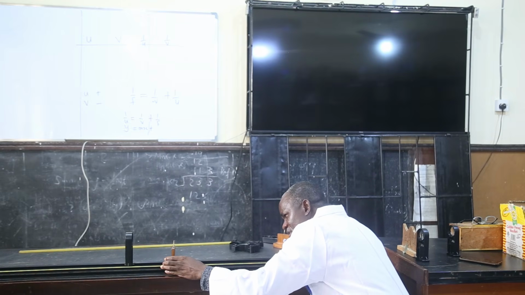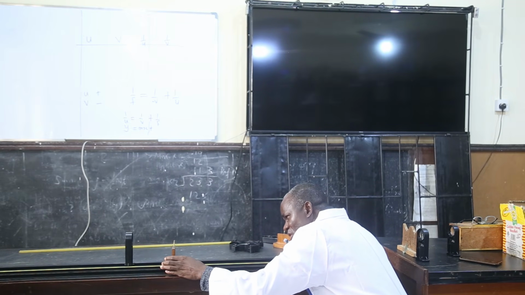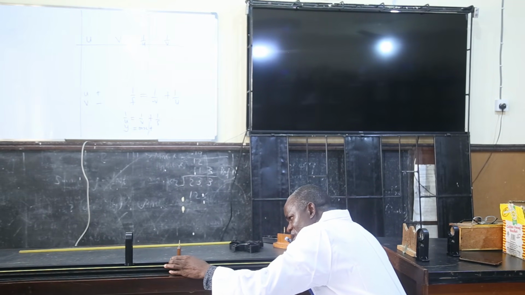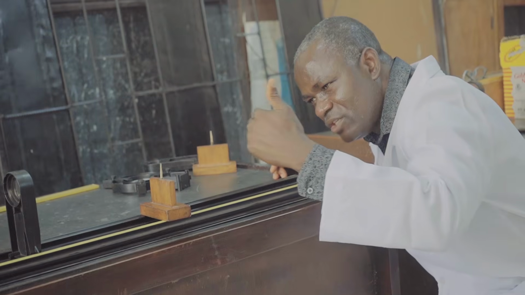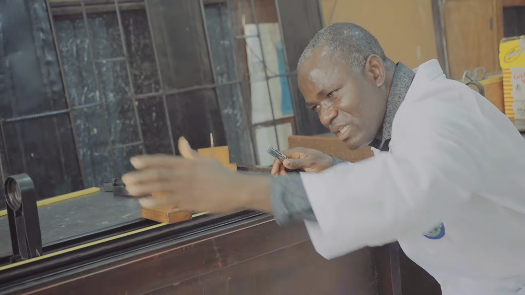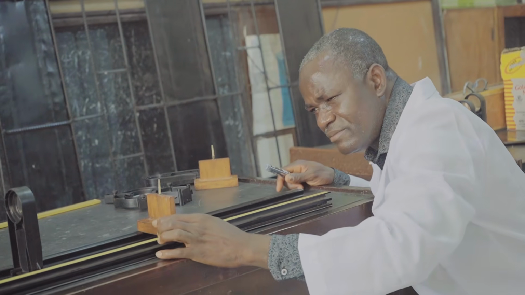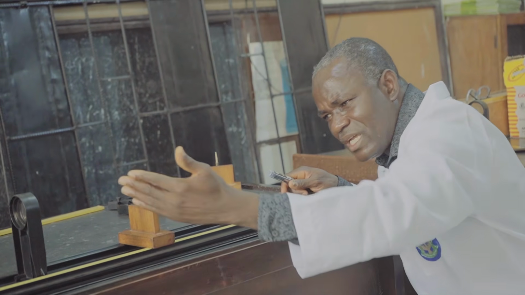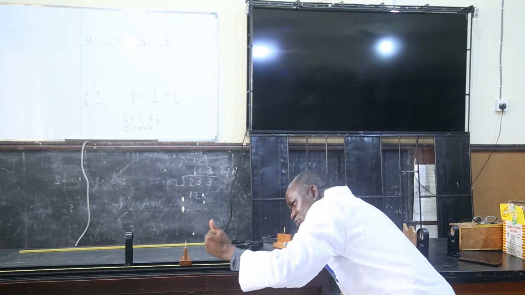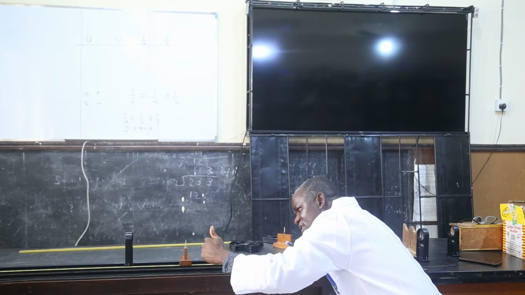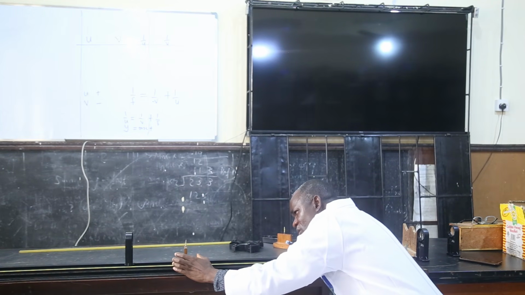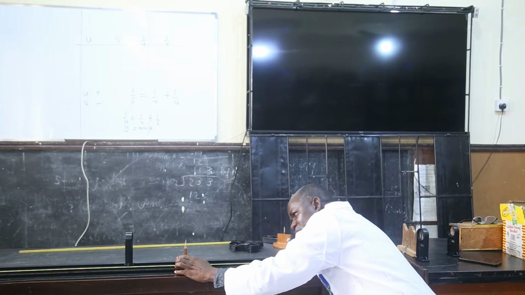I can see the image. If I move the object away from the mirror, it appears to me as if the image is going away from the object. Now I move it closer, and I can see that the image is actually coming out. Definitely there should be a point at which the image will be directly on top of this object, and that's the location that I'm looking for.